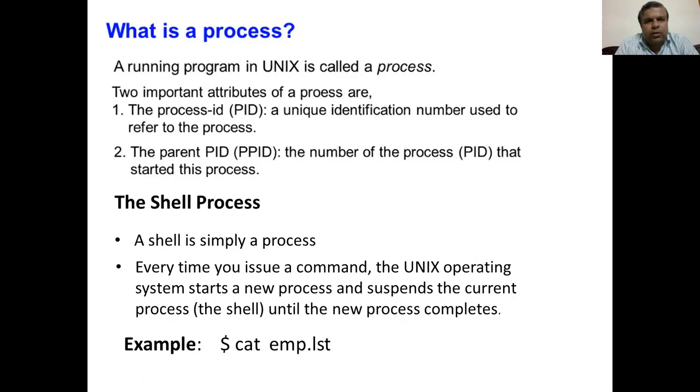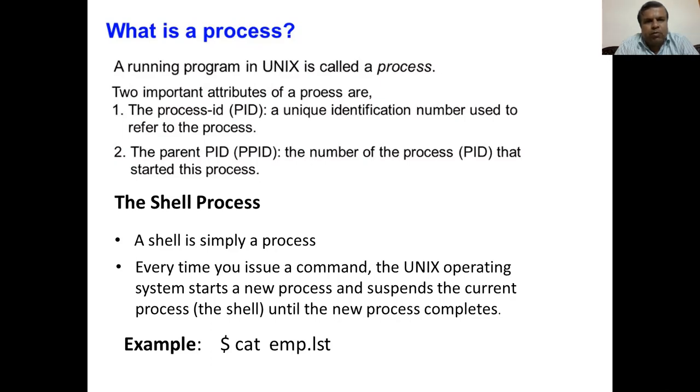In other words, a process is an instance of a program in execution. That is, a program in execution is called a process. Note that a process is said to be born when the program starts executing. After the execution is complete, the process is said to die.